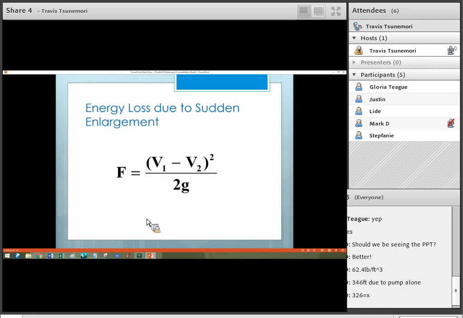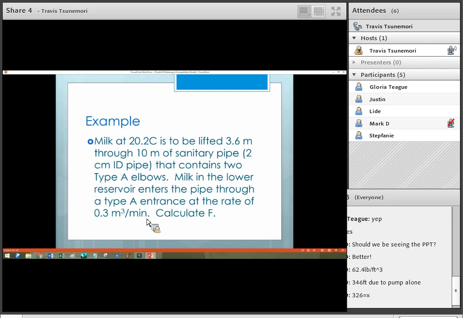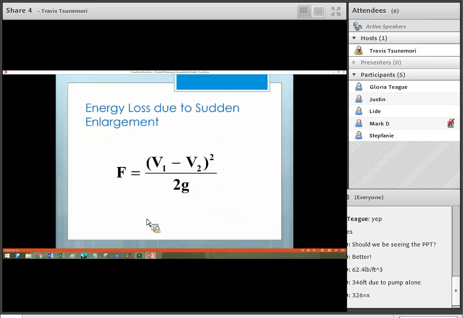And then energy loss due to sudden enlargement is V1 minus V2 squared over 2G. But a lot of times, one of those velocities can be approximated as 0 with the V squared over 2G.